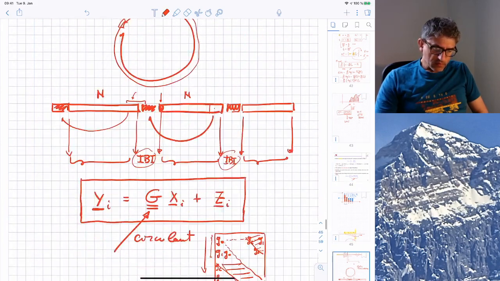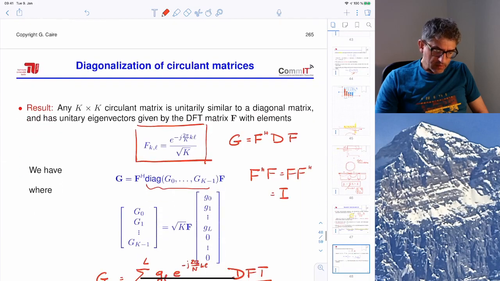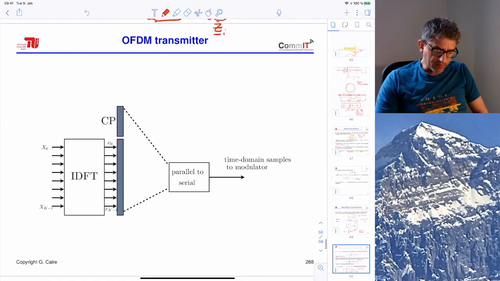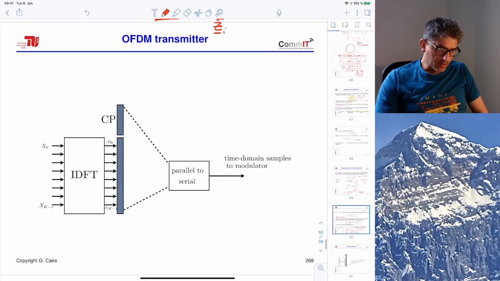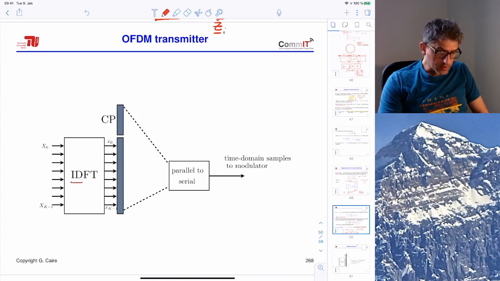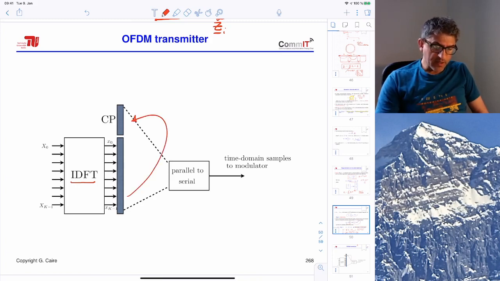So, long story short, here is what happens, more in a pictorial fashion. An OFDM transmitter consists of mapping frequency domain symbols into time domain symbols by an inverse discrete Fourier transform, adding the cyclic prefix, and then parallel to serial conversion, and then sending these symbols one after the other through the channel.